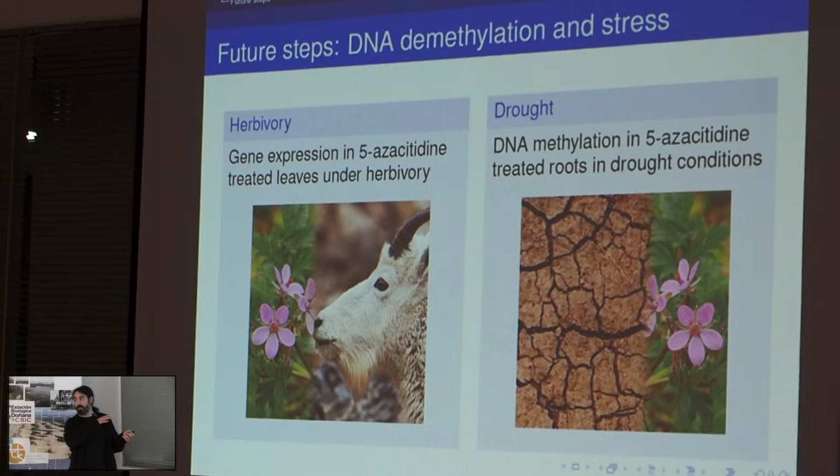It's more or less the experimental setting that I explained. However, we add a treatment of artificial herbivory, where we just punch holes in the leaves or cut them, literally doing some gardening. Another level of herbivory was treating the cut plants with goat saliva to see if there are different responses and how methylation will affect them.